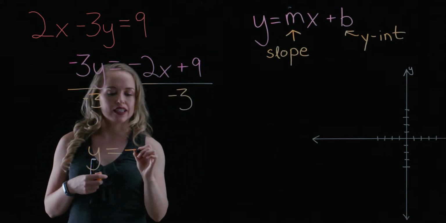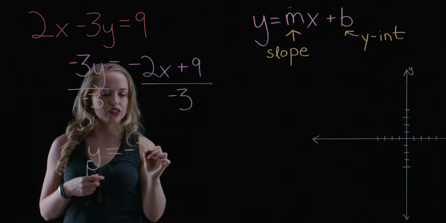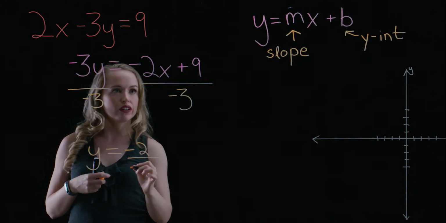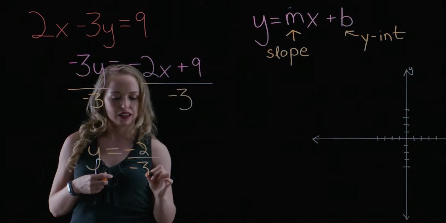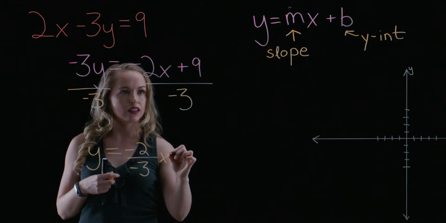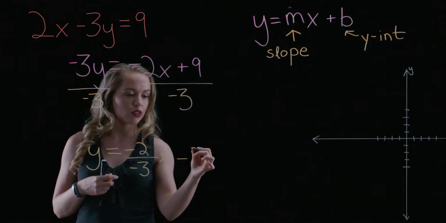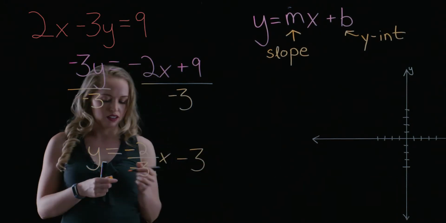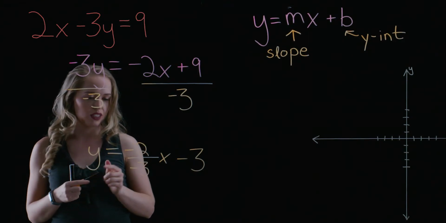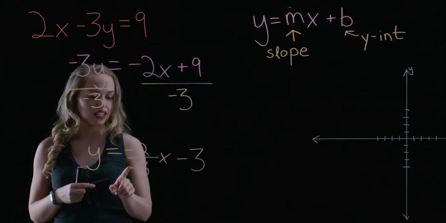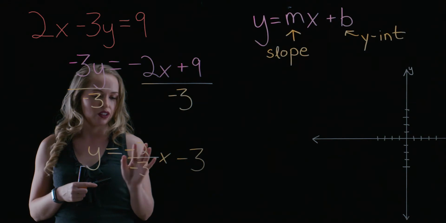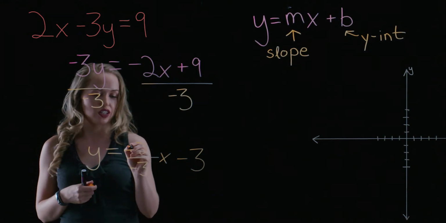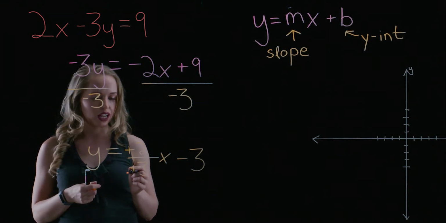What that will look like is I'll wind up with negative 2 over negative 3x minus 3. We'll see that when we have a negative in the numerator and a negative in the denominator, those effectively turn into positives. A negative and a negative will cancel out.